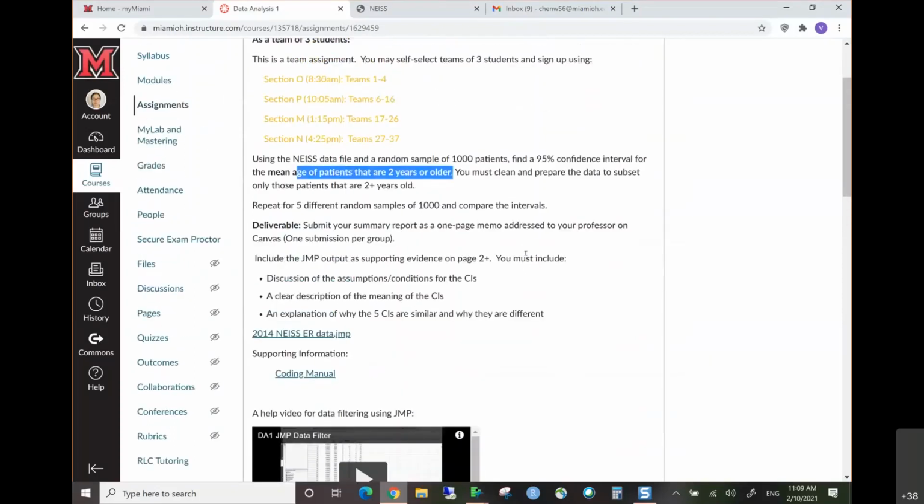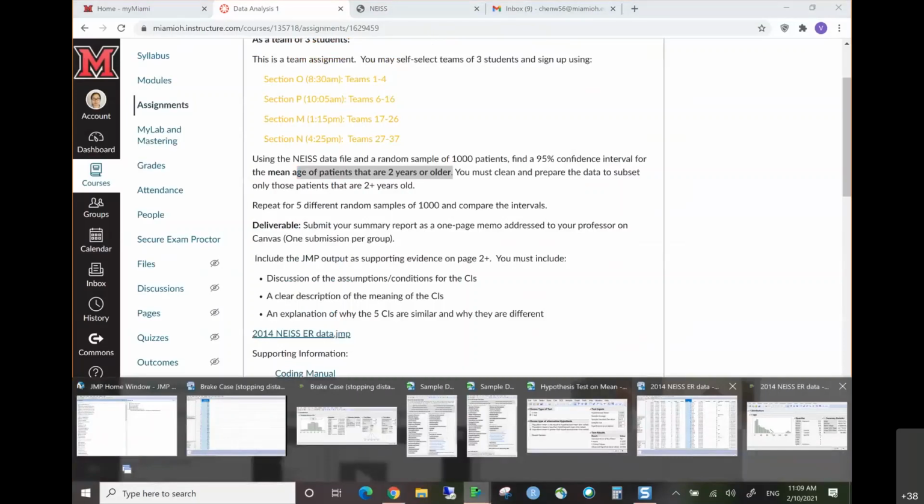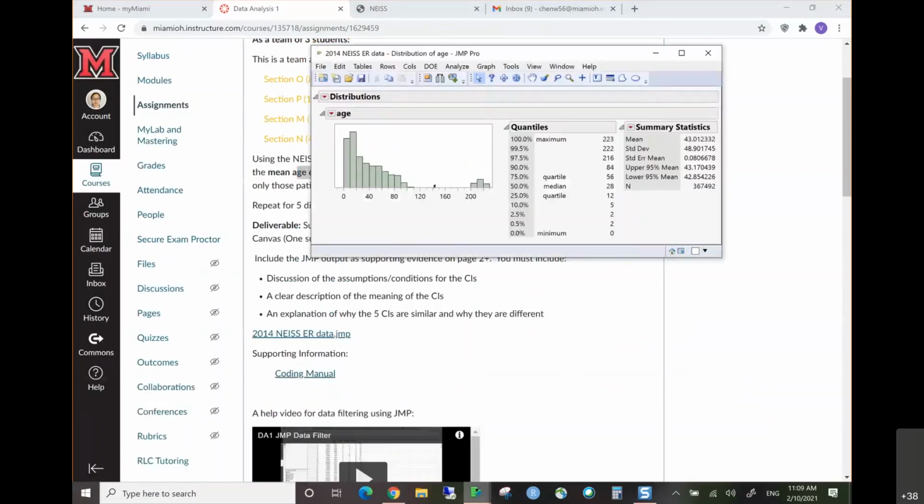Next thing, remember, if you have an outlier, you always need to deal with the outliers. You need to delete the outliers. But in our case here, from the distribution, you don't have any outliers. These ones are not outliers, these are just the children under 2 years old.